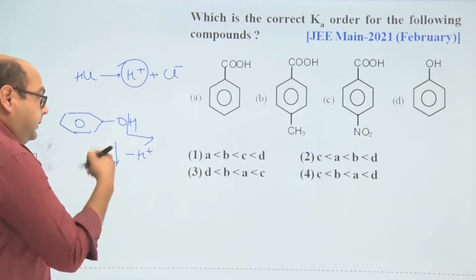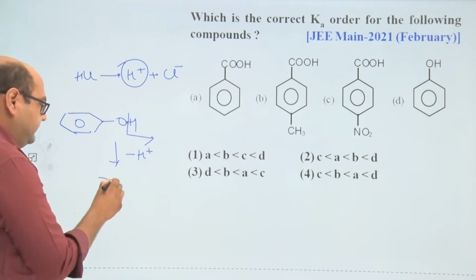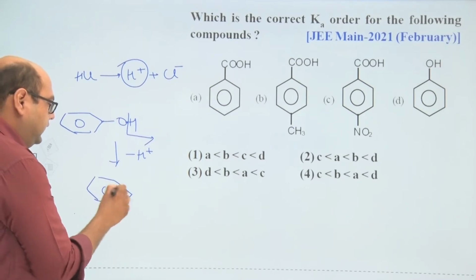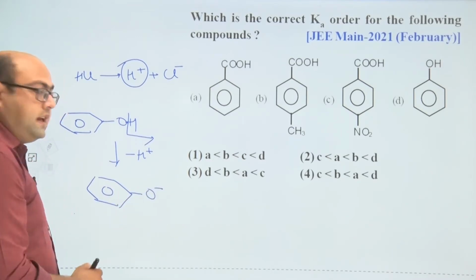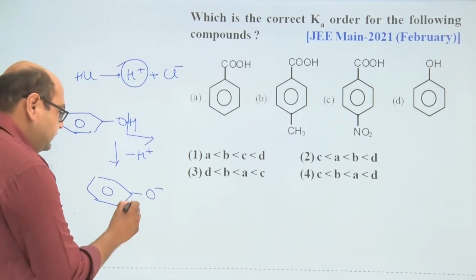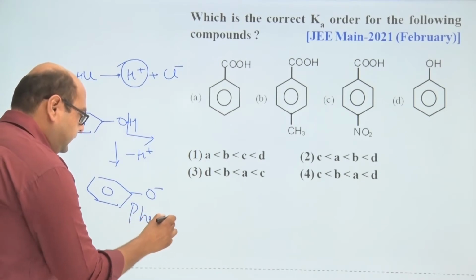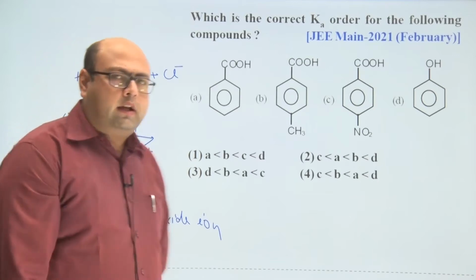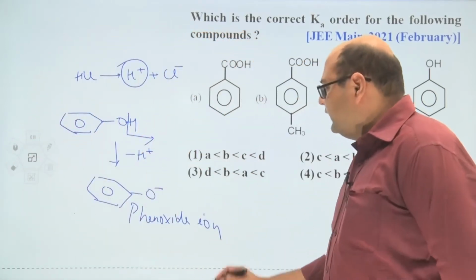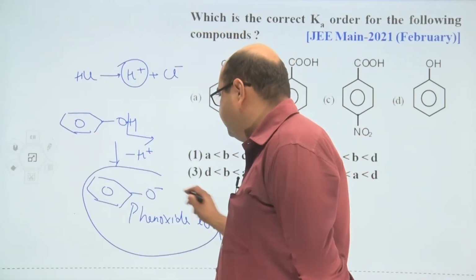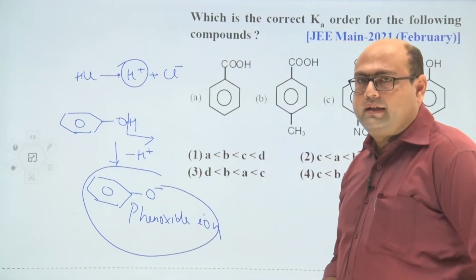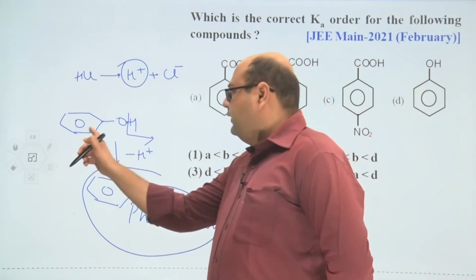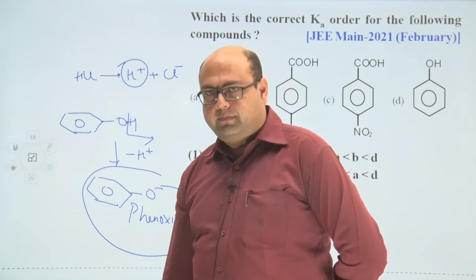But after the donation of H plus ion, this phenol forms this ion, which is known as phenoxide ion. And what I am saying is, if this phenoxide ion is stable, then phenol will be a good acid.